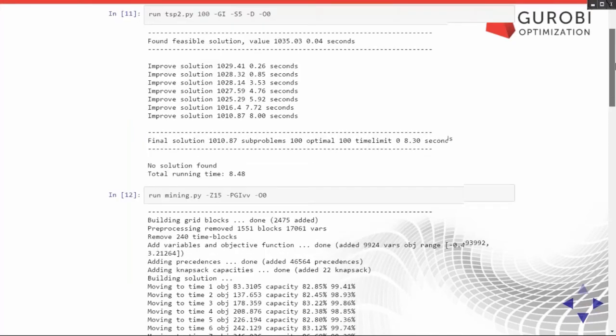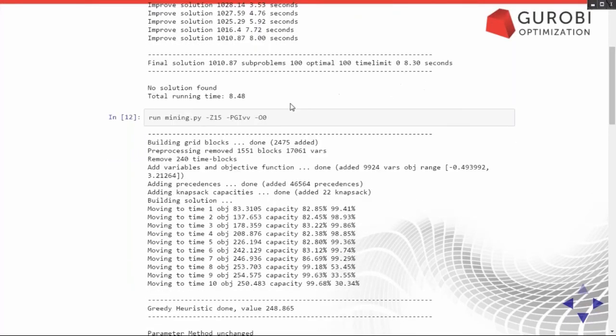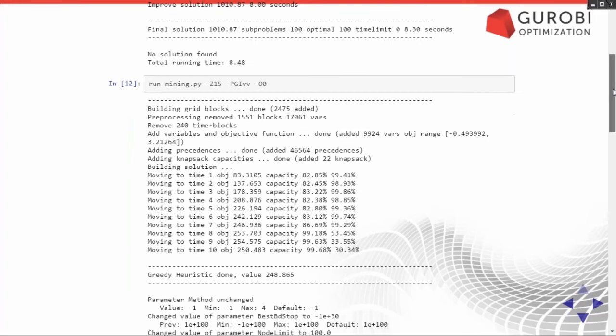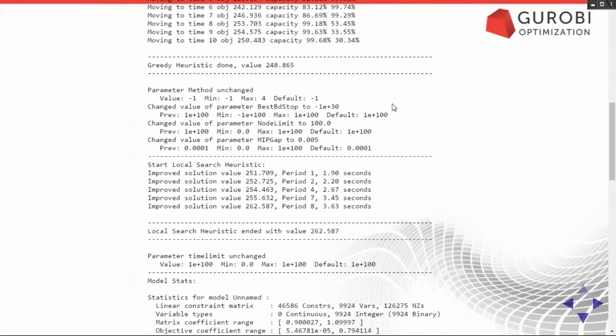And if you do the same on the mining problem, so I have the greedy and also the improving heuristic enabled now. You see that the greedy heuristic starts with a solution of 248, but by doing this optimization of time 0, 1, then 1, 2, then 2 and 3, and so on and so forth, fixing everything else, you get very quickly actually improved solutions.